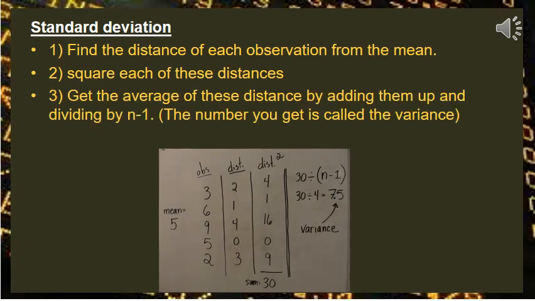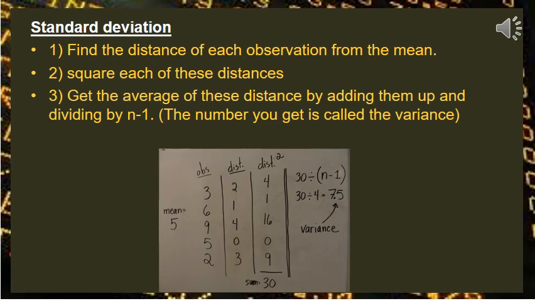The next step is to take that sum and to divide it by the number of observations minus 1. So here, 30 divided by n minus 1, I have 5 observations. So it's 30 divided by 5 minus 1, 30 divided by 4. It gives me 7.5.